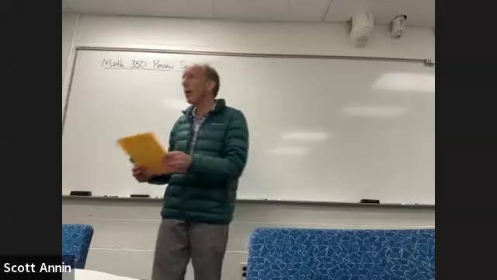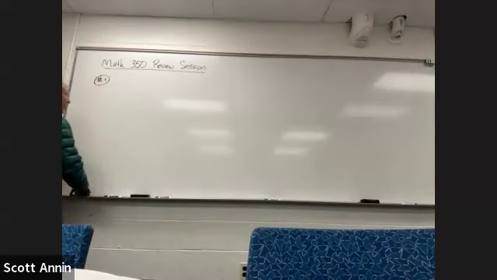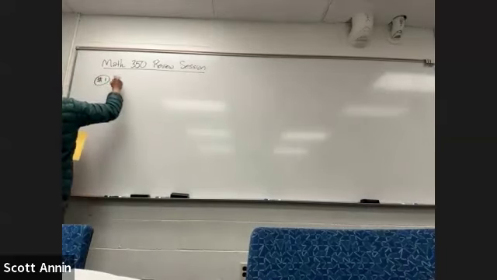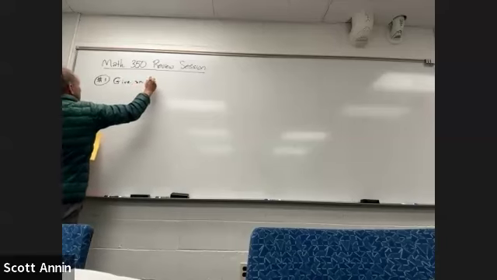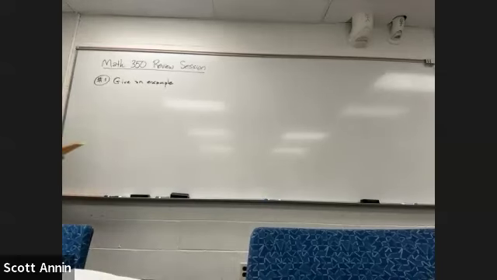Okay, so let's just start off a little bit not too heavy. I'm going to start with something that I think we can do fairly quickly here, which is to give an example. And you should expect a question like this on my exam. I might ask you to give an example of something.